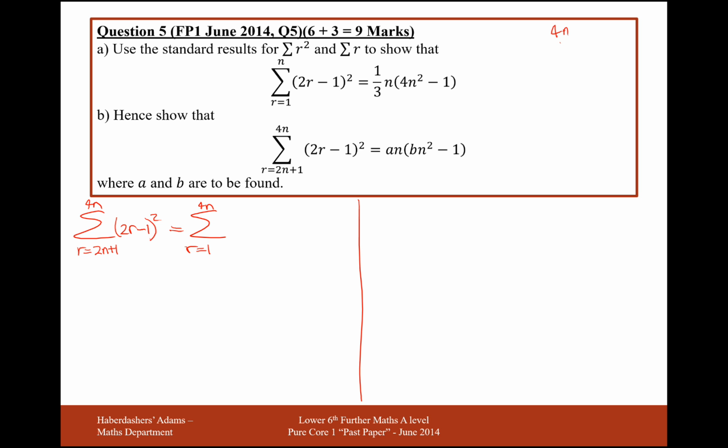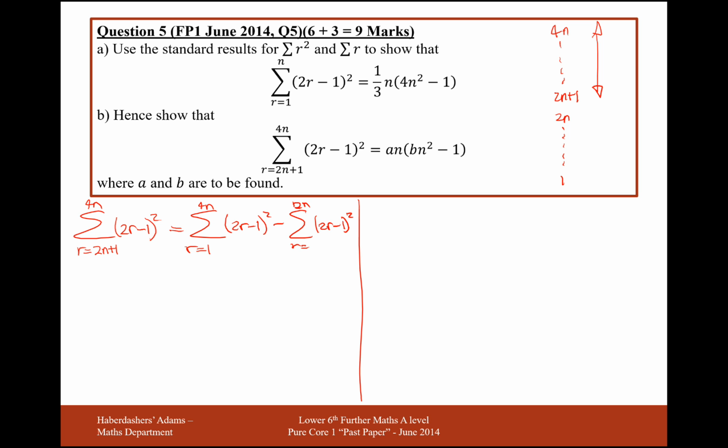So what I've got is a summation of substituting in things from 2n plus 1 up to 4n, but I've accidentally also added in a summation of 2n down to 1. So that's what I'm going to have to take away: the summation up to 2n, r equals 1, of (2r minus 1) squared.